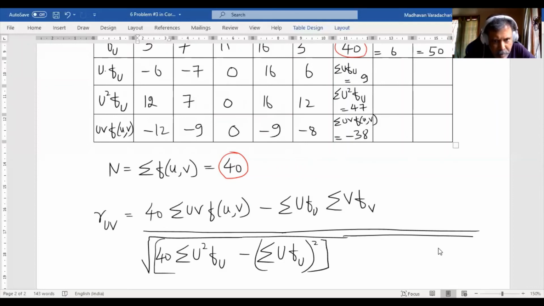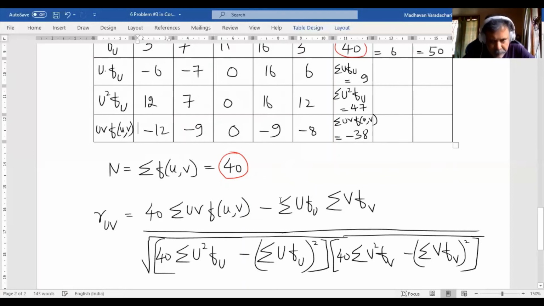Whole thing multiplied by, repeat, everything with V you will be writing now, summation V square FV minus summation V FV the square within brackets.